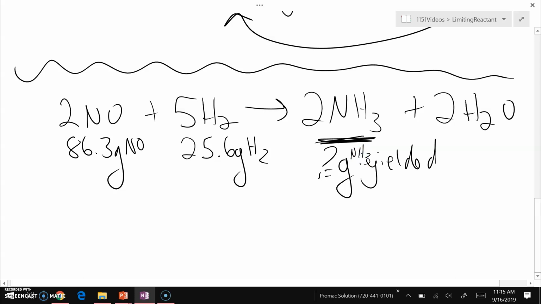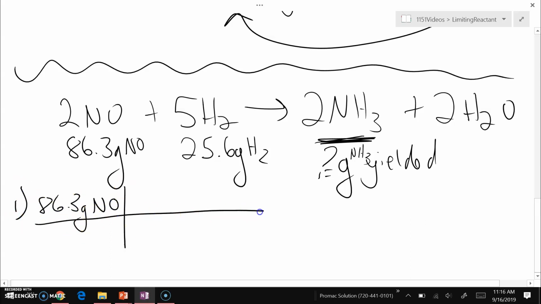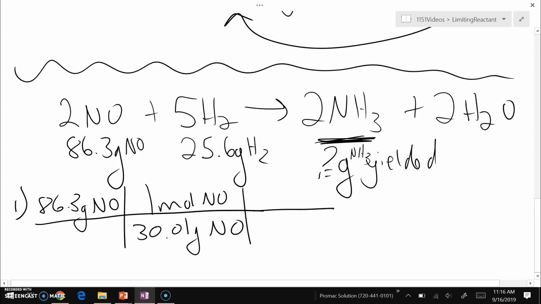So the part 1, who's the culprit? Who's guilty of limiting the formation of ammonia? 86.3 grams of NO. Okay, and just so you know, NO molar mass is 30.01 grams of NO to 1 mole NO. And then the balanced reaction is 2 to 2, so I am going to write 2 moles NO to 2 moles of NH3.